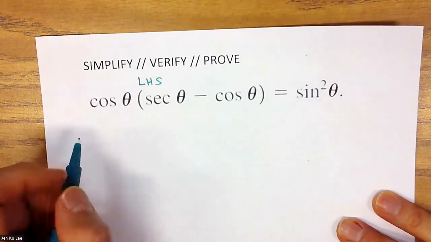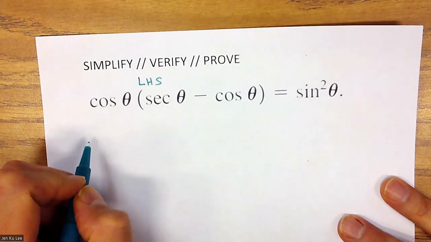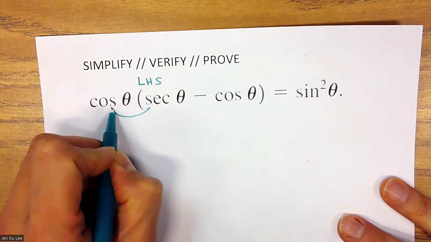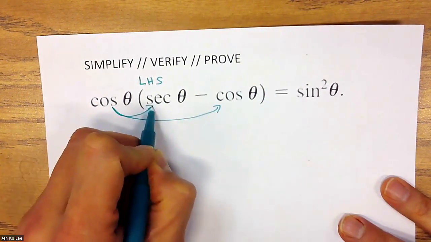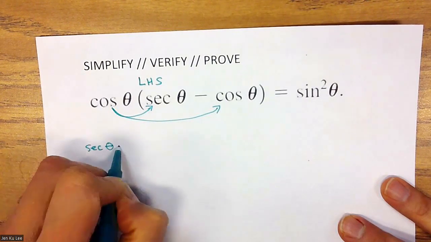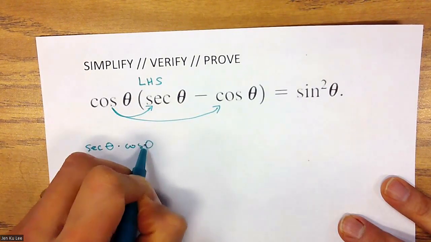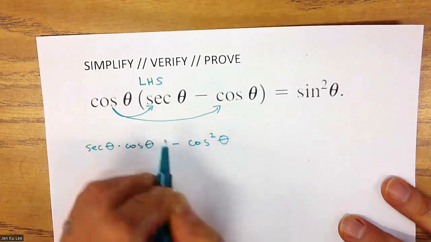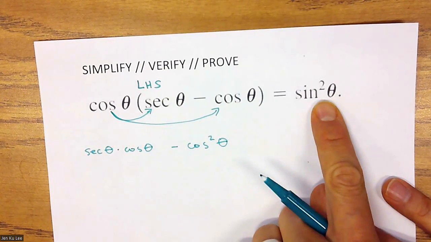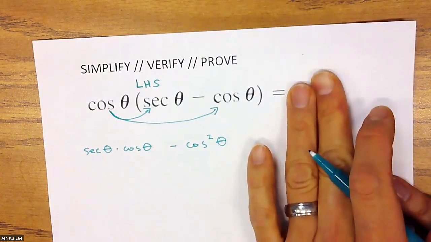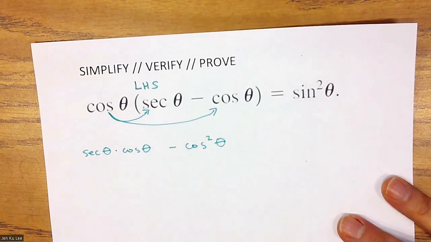What we're gonna do here is I am going to distribute out the cosine. Okay, so secant theta times cosine theta minus cosine squared theta. You don't have to write this side out. We're just working on the left-hand side. So don't do anything with that.